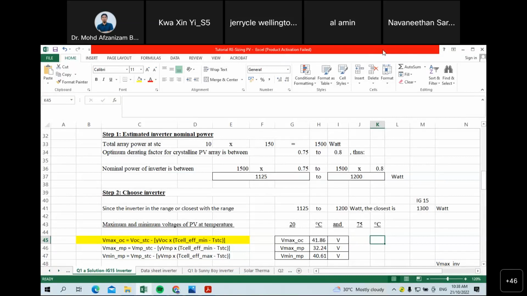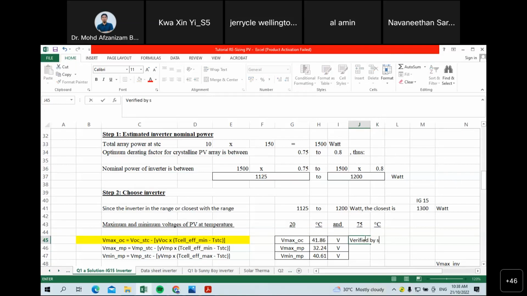Why not? Okay, correct sir, got 41.86. Thank you Amin, Amanda, Norazman. So clear, verified by my students.